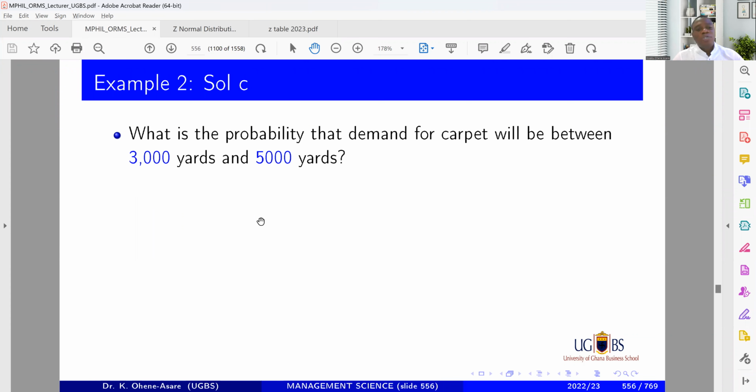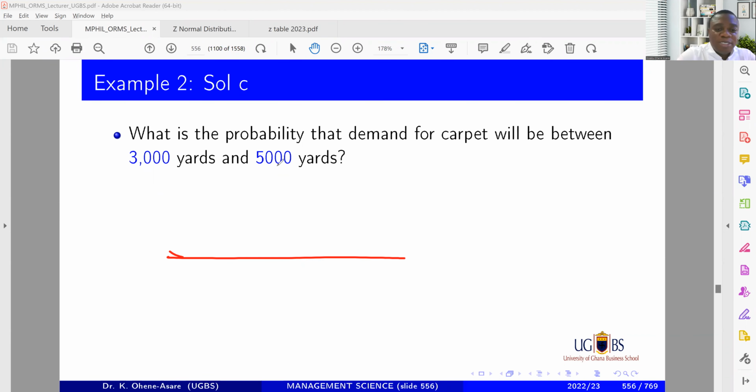Look at this. We're not going to calculate this. We are just going to draw, and then someone will explain how we will get this answer. First remember the drawing. What is the probability that demand for carpet will be between 3,000 and 5,000 yards?